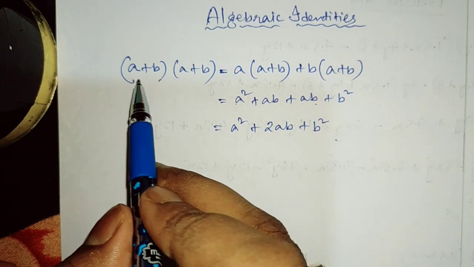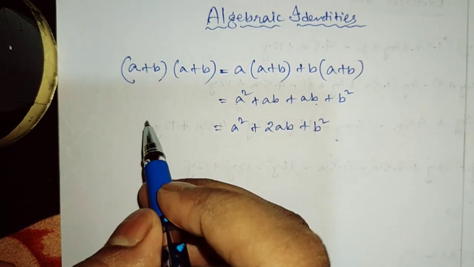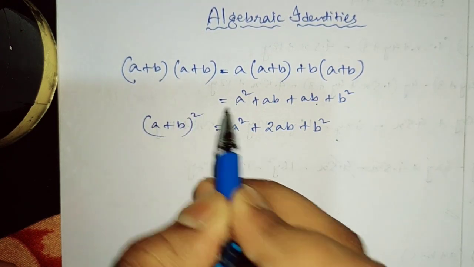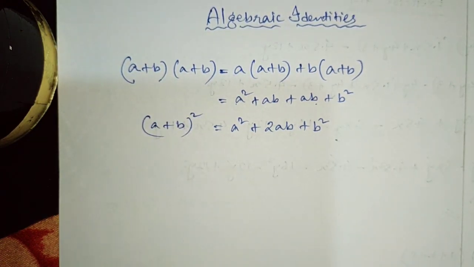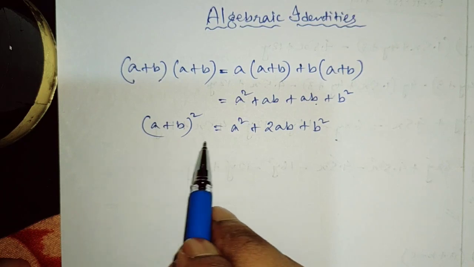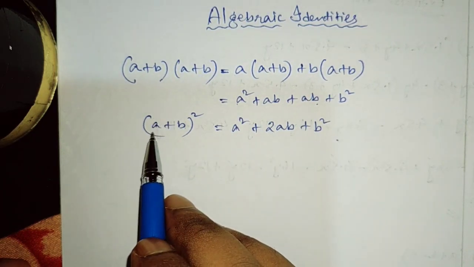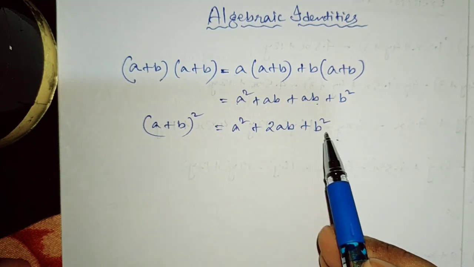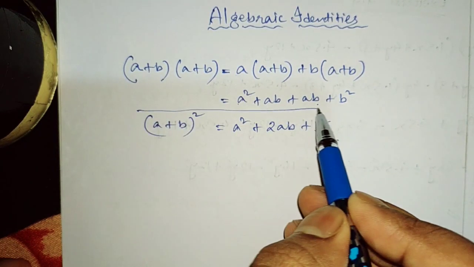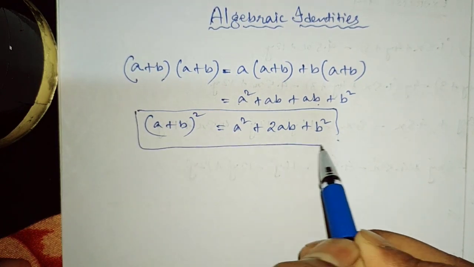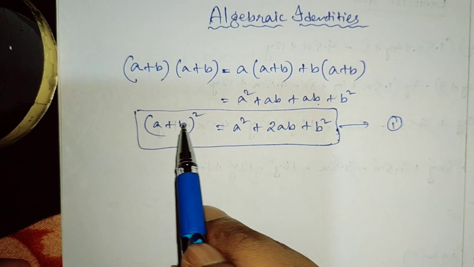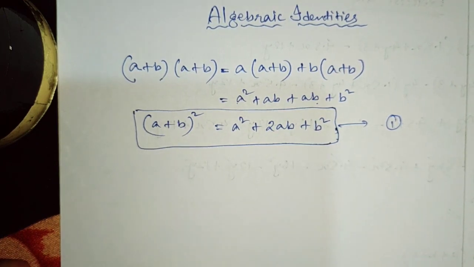So a plus b into a plus b we can also write as a plus b whole square. So this becomes our first algebraic identity, that is a plus b whole square is equal to a square plus 2ab plus b square. We can box it or we can number it also, that this is our first identity.